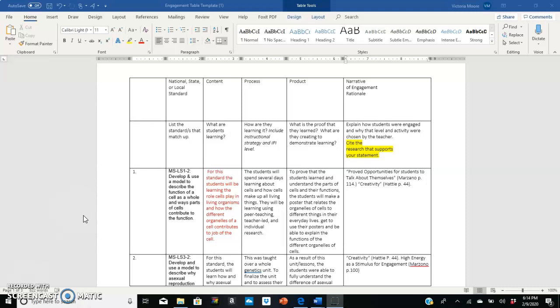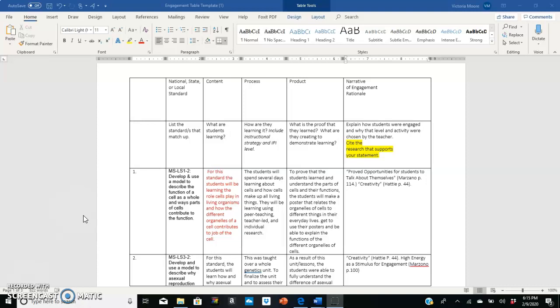And the creativity from Hattie was also a big one because they were able to make of this poster what they wanted. They had plenty of time, and some students were super colorful and really, really creative. I forgot to tell you that they had to draw half, and they could print pictures for half. Some were super creative.